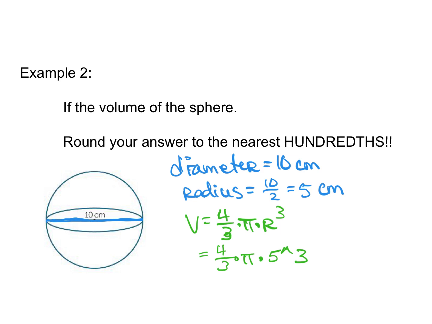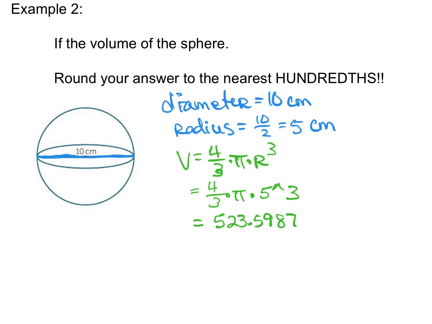So 4/3, put it in as a fraction, times pi, times 5, and then caret top. It's kind of over by your 7 button, and then hit 3, and then we have it as 523.5987, right?